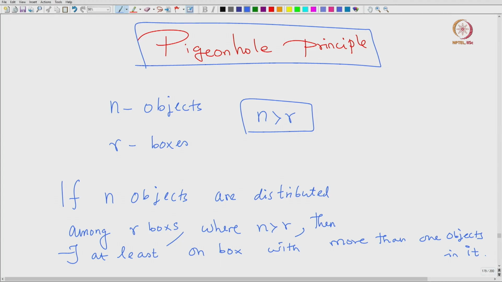The principle is very simple to state, because you have only r boxes, and r is smaller than n. So, at least one box should have more than one object. That is what it says.